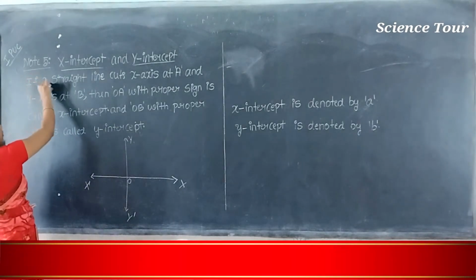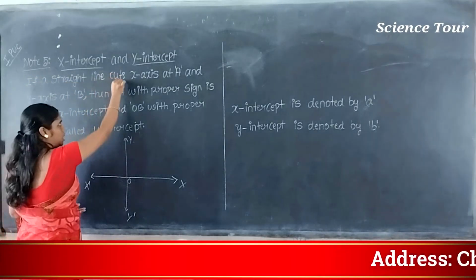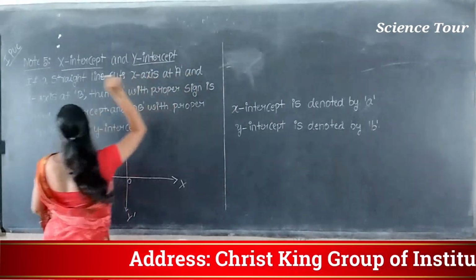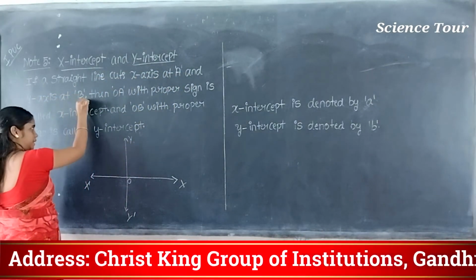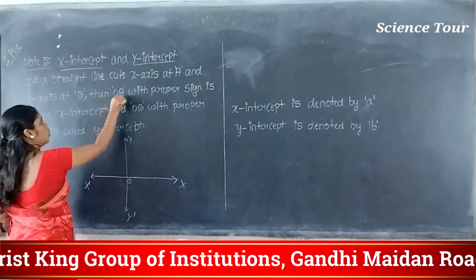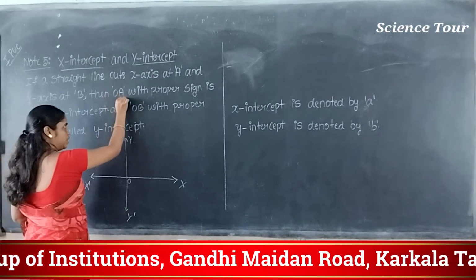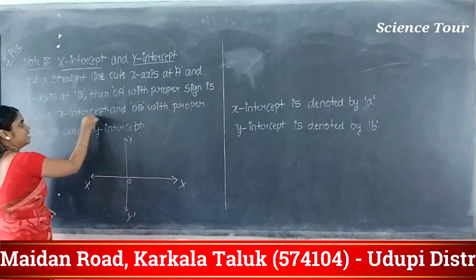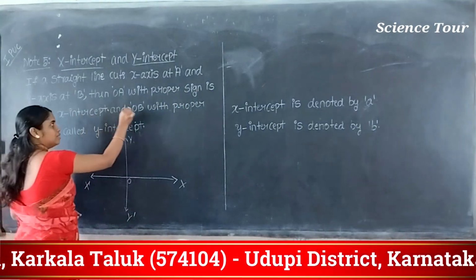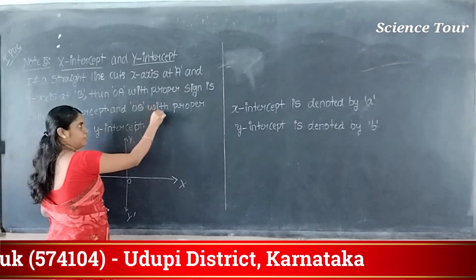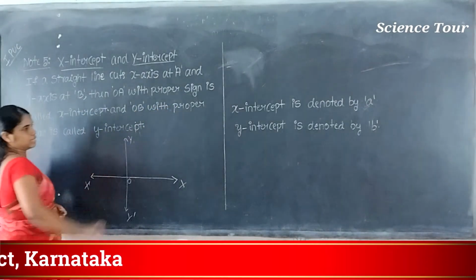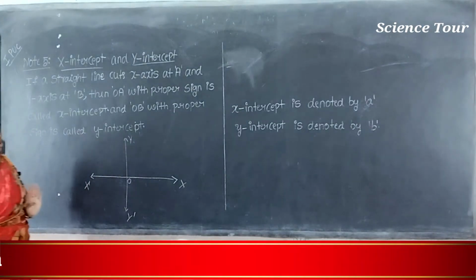If a straight line cuts the x-axis at A and the y-axis at B, then the length of OA with the proper sign is called the x-intercept, and the length of OB with the proper sign is called the y-intercept. I'll draw the figure.